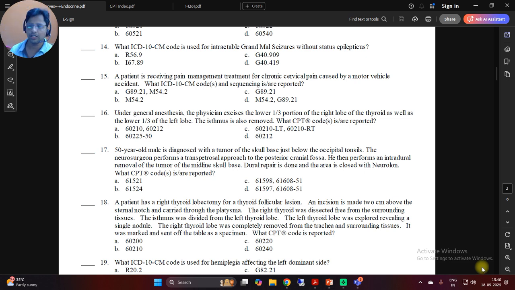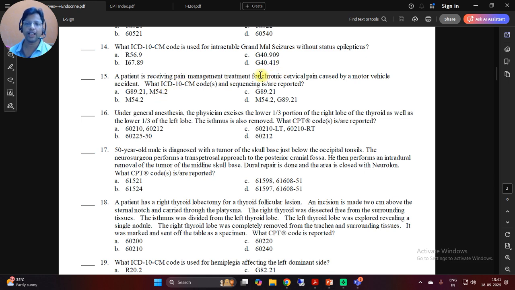In this scenario, your answer is A. Our ICD-10-CM guideline states that if the patient came in for pain management, you need to code the G code, G89.21. Then you need to code M54.2 for site specific pain.